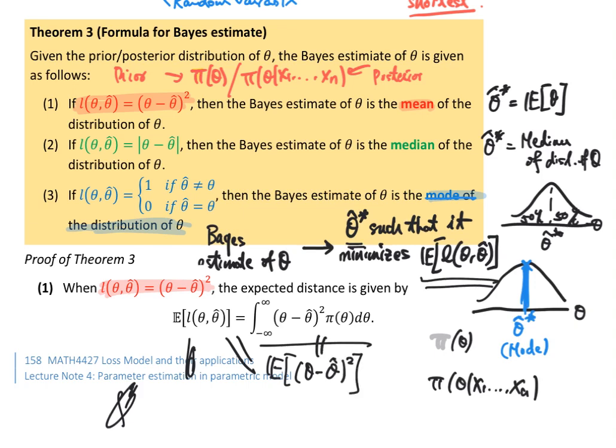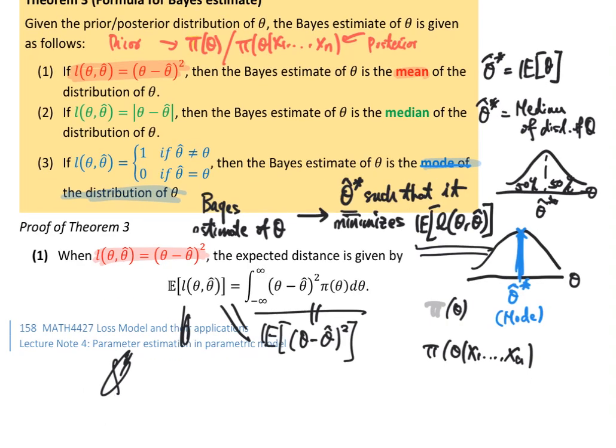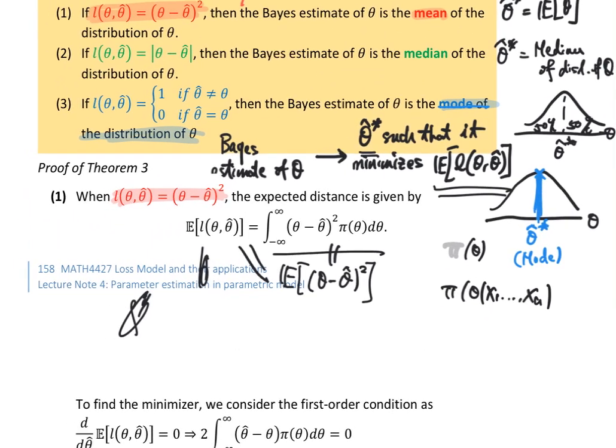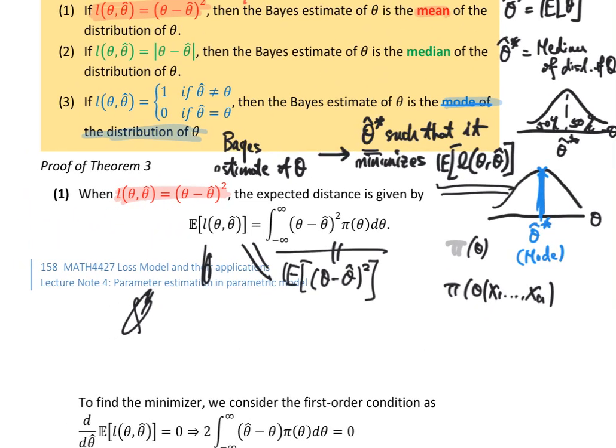By definition, it is just this function value multiplied by the PDF of theta, and then you integrate over all possible values of theta. Once you have this, that will be the expected distance that we are looking for. And remember, our goal is to choose the theta hat that minimizes this expected value.